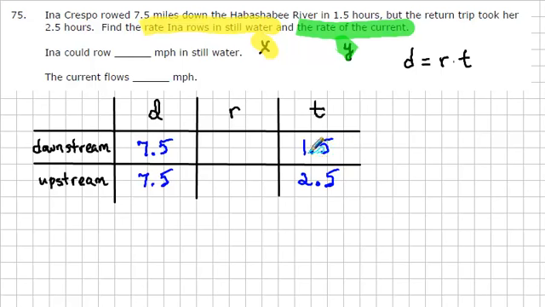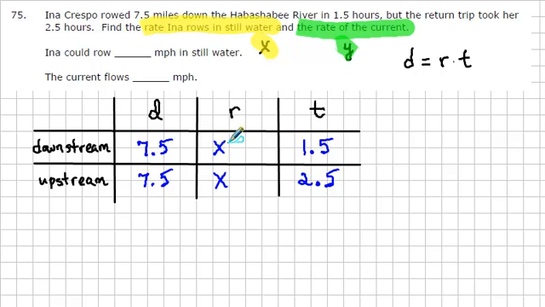Now the thing that's a little bit tricky is determining what the rate was going downstream and what the rate was going upstream. Well, Ina's rate in still water is x, so we'll put an x in each. But as she's going downstream, the water is not still.